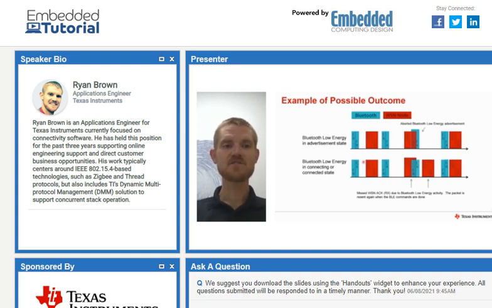However, in the second case, we see the Bluetooth Low Energy is now in a connecting or a connected state. It has now been given a higher priority, such that it takes priority over WSN node reception. So at the beginning, there's no overlap.